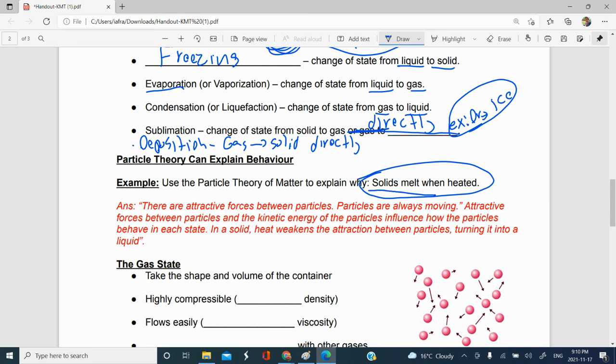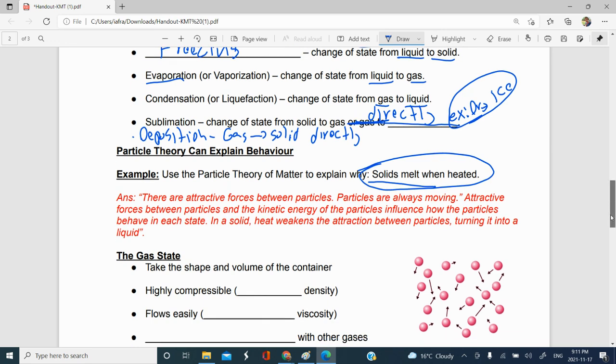You're weakening the attraction between the particles, increasing the space, giving them more motion, and as a result of that increased space, weaker attraction, and greater motion, they turn into a liquid. And so you explain the observation, the behavior, using ideas behind the particle theory of matter.